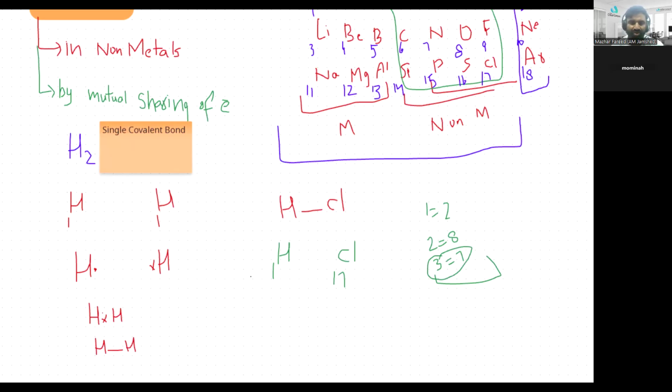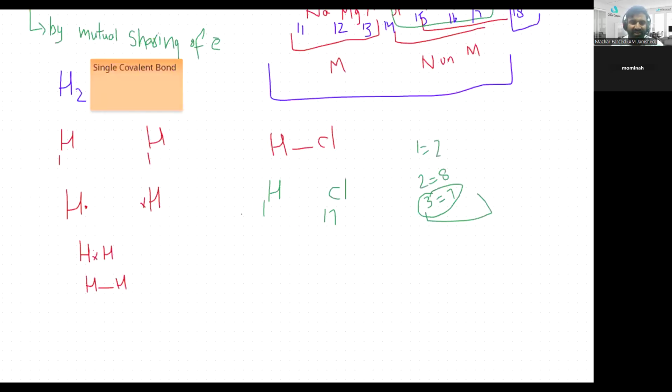So if we see the example, there is one electron in hydrogen. I am representing the electron of hydrogen with a cross because there is one electron. You must write the electrons of the valence shell. In chlorine, there are 7 electrons in the valence shell.